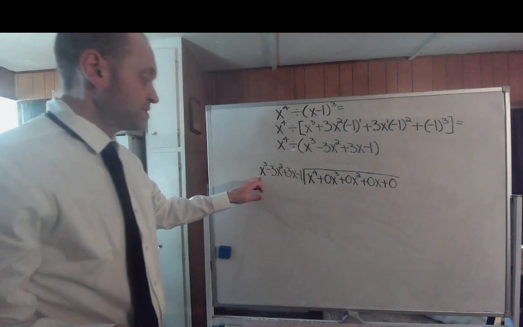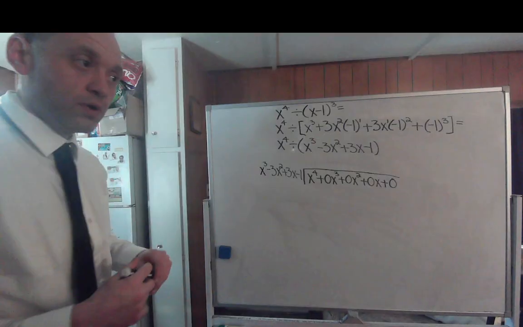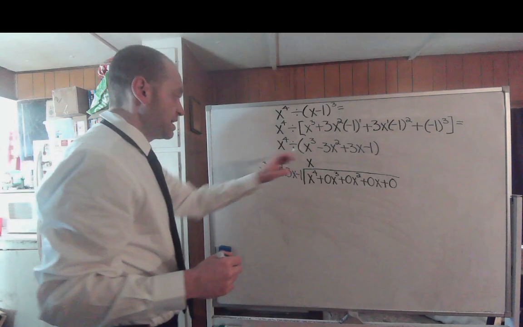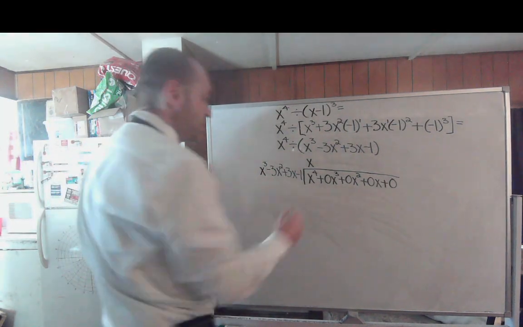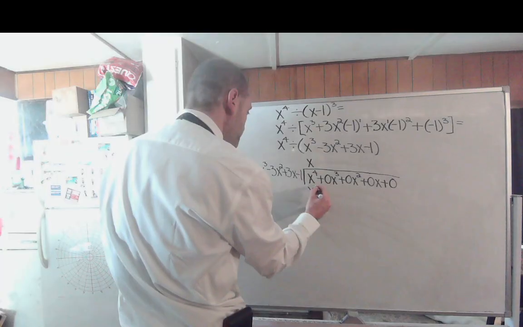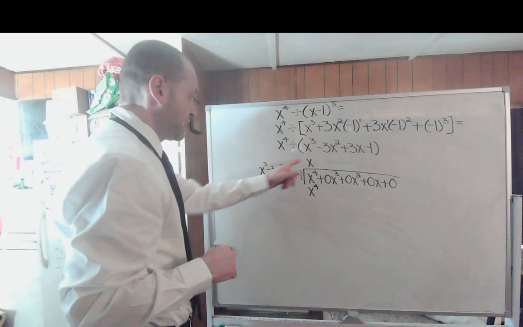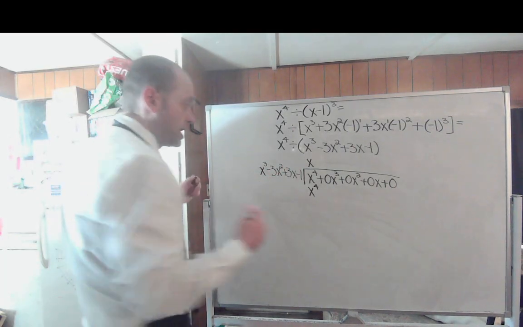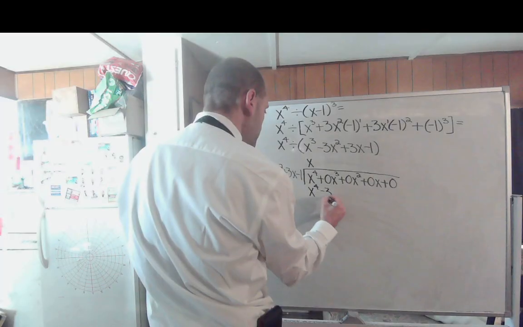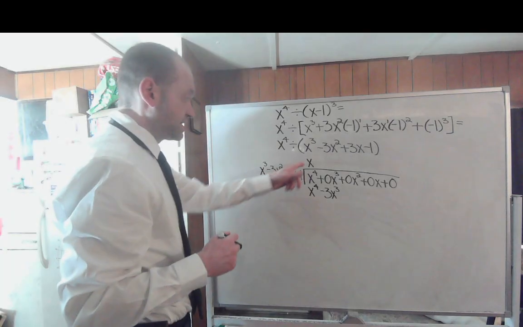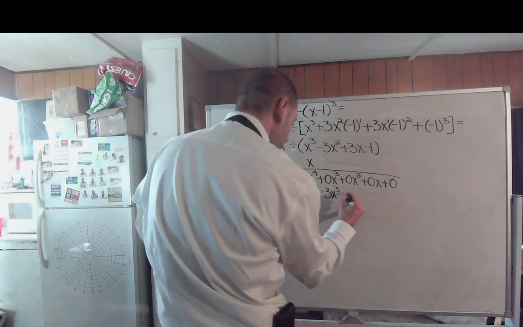Now, how many times does x to the third go into x to the fourth? It goes in x times, right? If I take x times x to the third, I get x to the fourth. And if I take x times negative 3x squared, I get negative 3x cubed. Then x times 3x gives plus 3x squared.